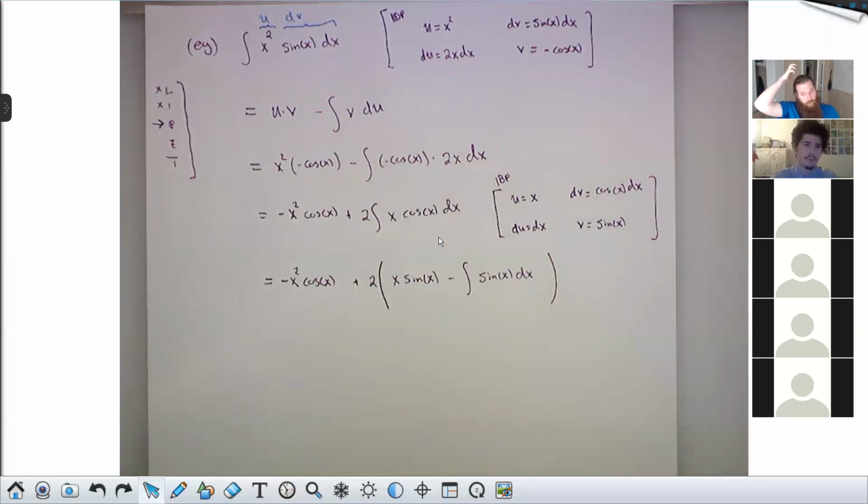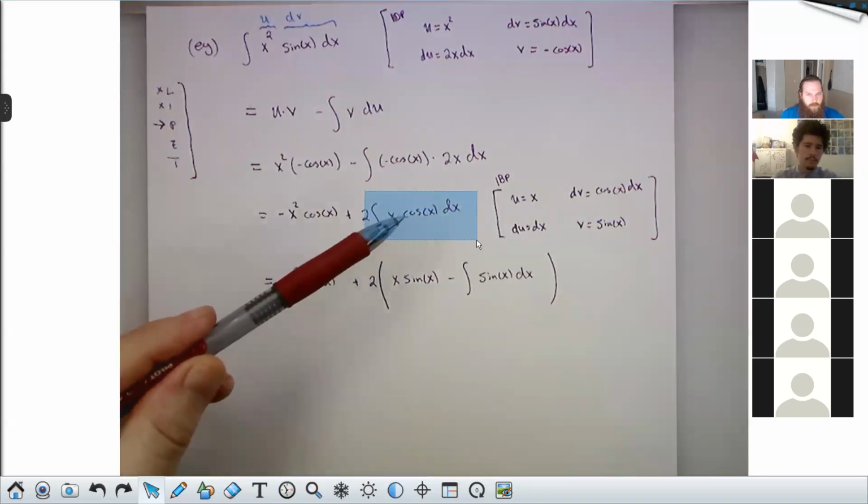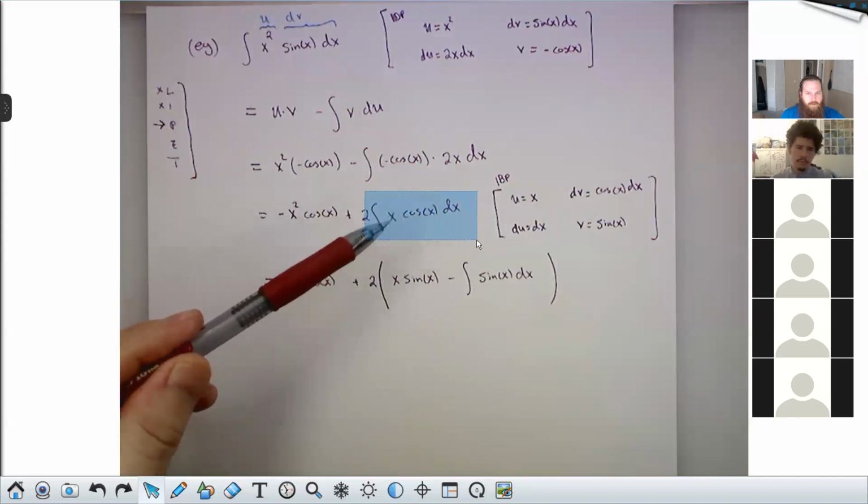Professor, I have a question. Sure. Why do we do the IBP again? Well, so once I get to this line right here, to finish the problem, I need to solve this integral. And this integral is itself a polynomial times a trig function. So the hint to use integration by parts on this piece is that if you wanted to differentiate this, you would need the product rule, right? It is a product, x times cos x.